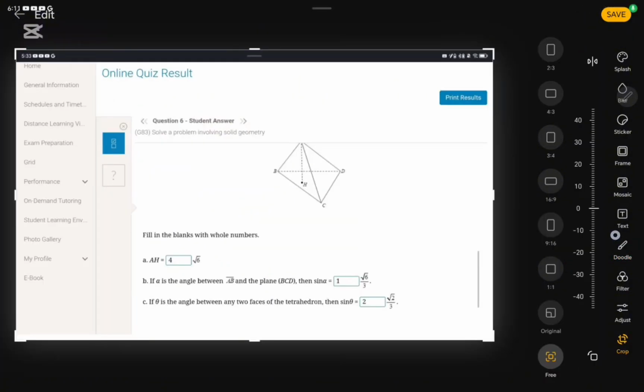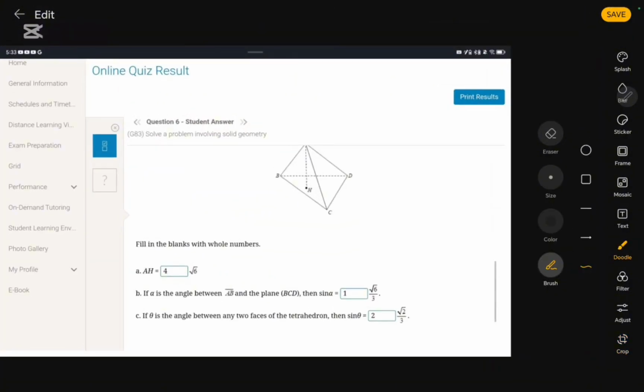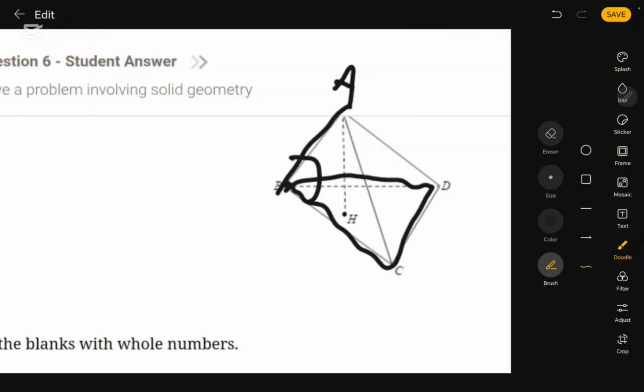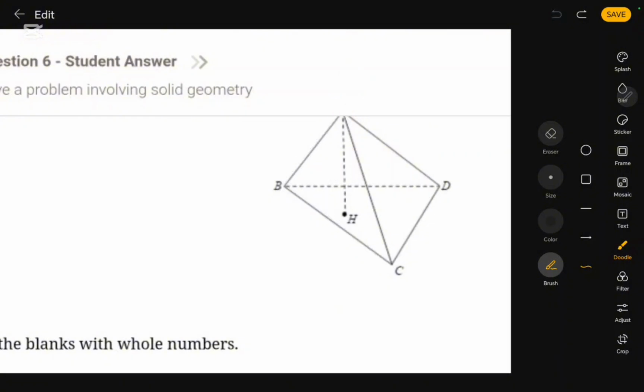If alpha is the angle between AB, so you don't see the A, but it's right here, and the plane BCD, it's of course going to be this angle, that's obvious. Sine, okay, sine. Now, what to do here is we're going to actually connect them. So we have this triangle right here. This 12, we want this angle.